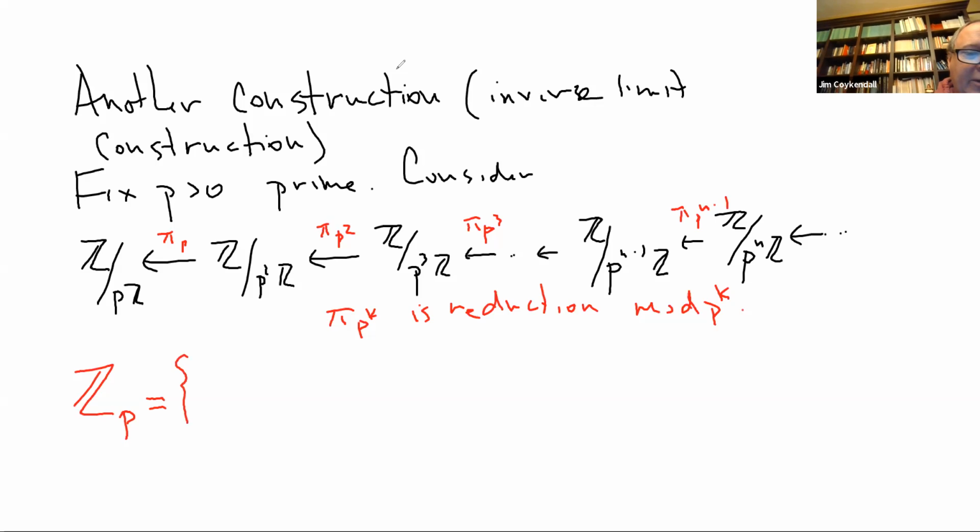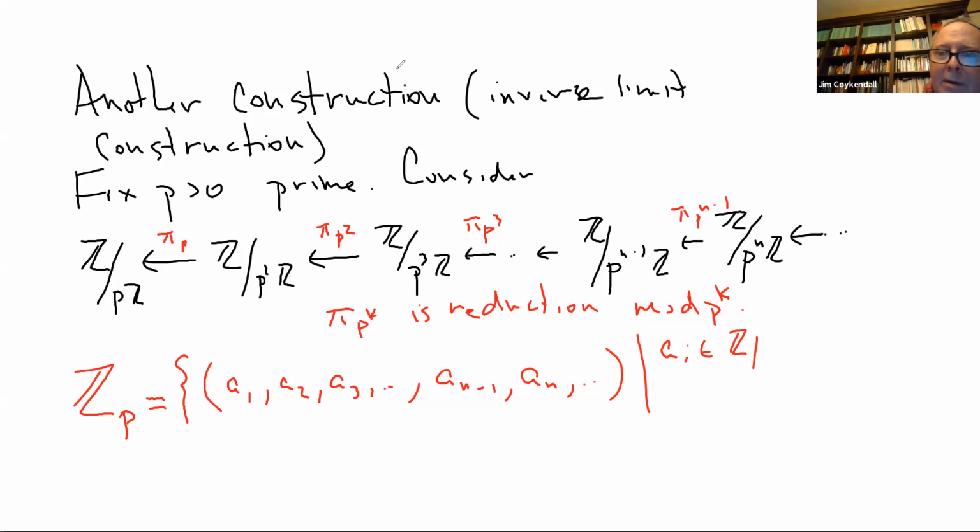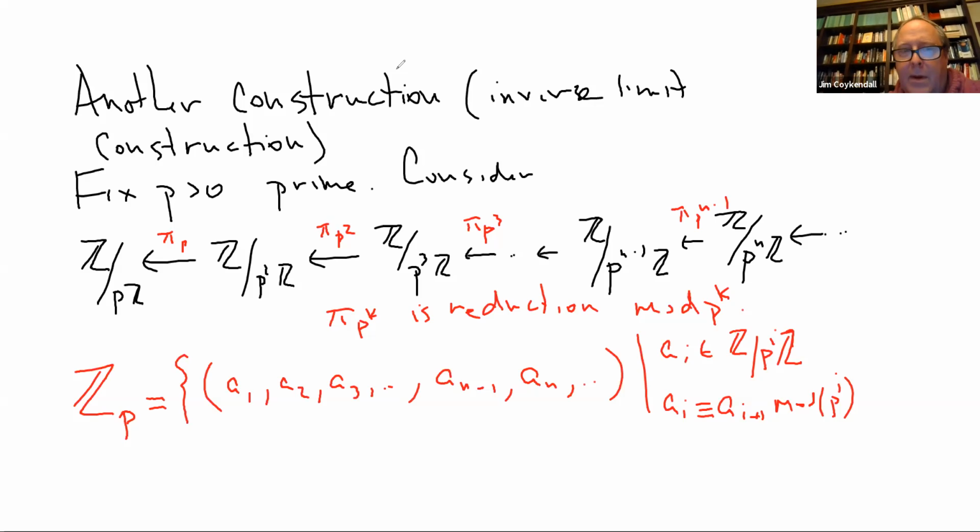You can think of this as the set of all sequences A1, A2, A3, up to A(n-1), An, forever, such that Ai is in Z mod p^i Z, and Ai is equivalent to A(i+1) mod p^i. Did I do that right? Right.